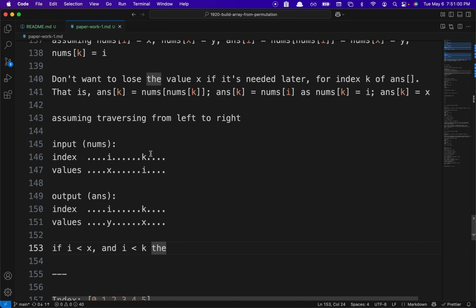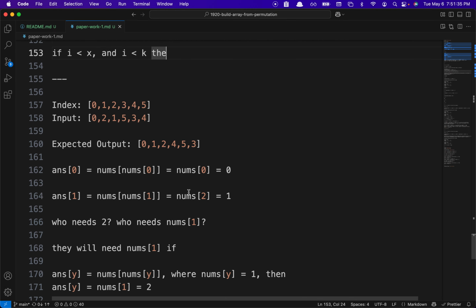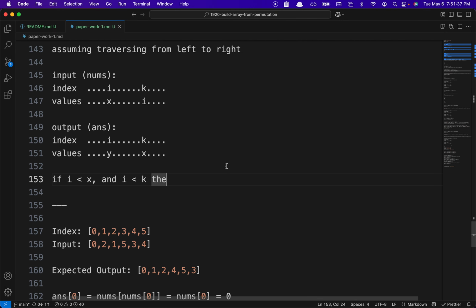I is less than X and I is less than K. Can't really say anything. Hmm, this is turning out to be a tricky problem if you're going to use the same input.